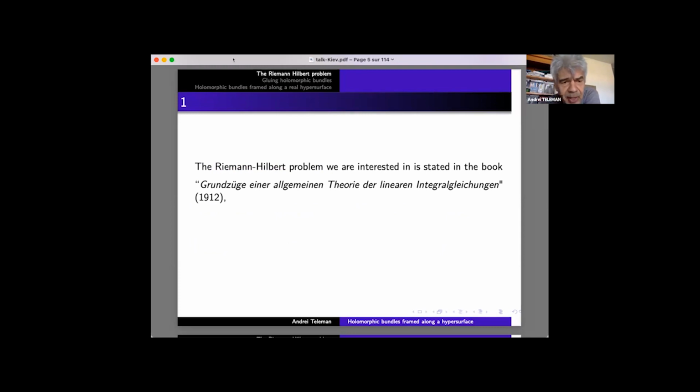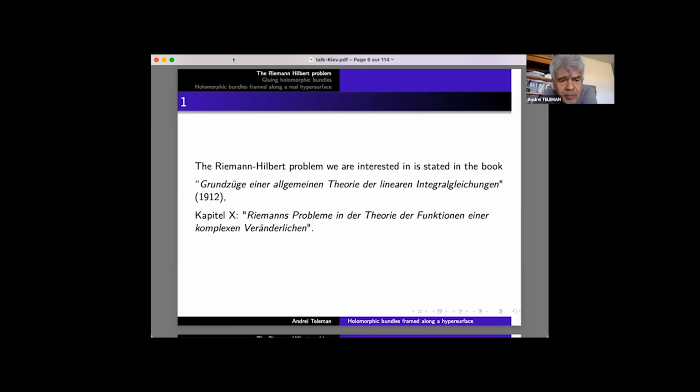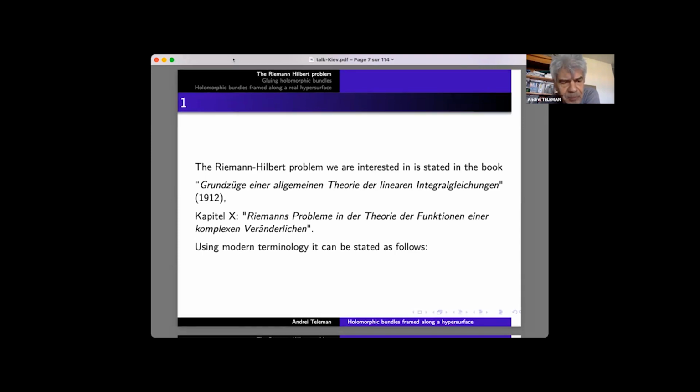I don't even dare to translate it into English because it became so famous, so classical, of David Hilbert, and more specifically deals with the problem formulated and handled by Hilbert in chapter 10, the problem of Riemann in the theory of functions of one complex variable.